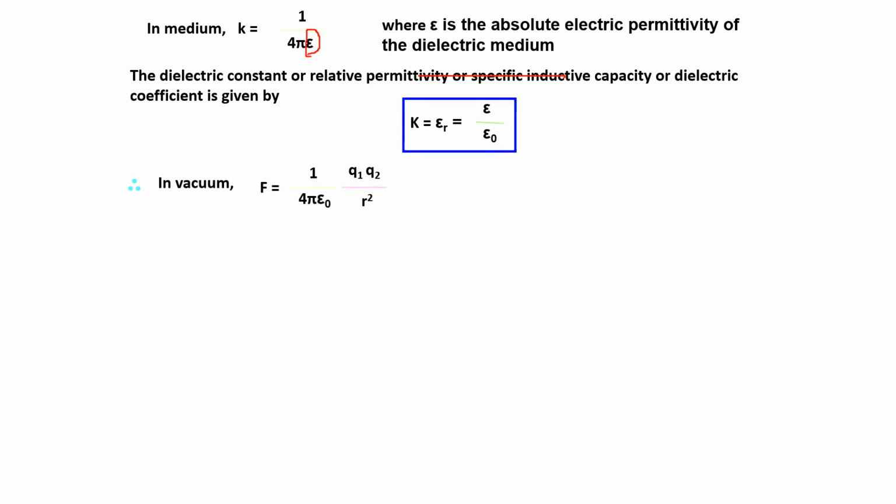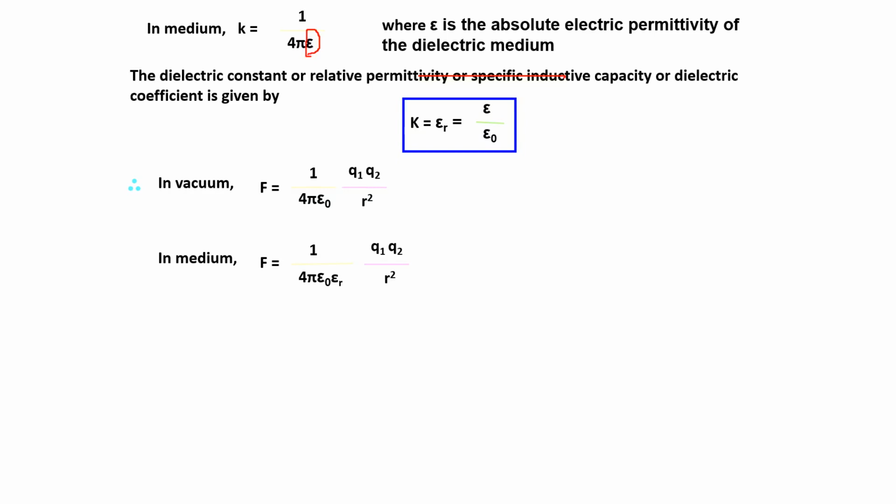In vacuum, we write F as 1 upon 4 pi epsilon naught Q1 Q2 upon R square. In a medium, we write it as 1 upon 4 pi epsilon.